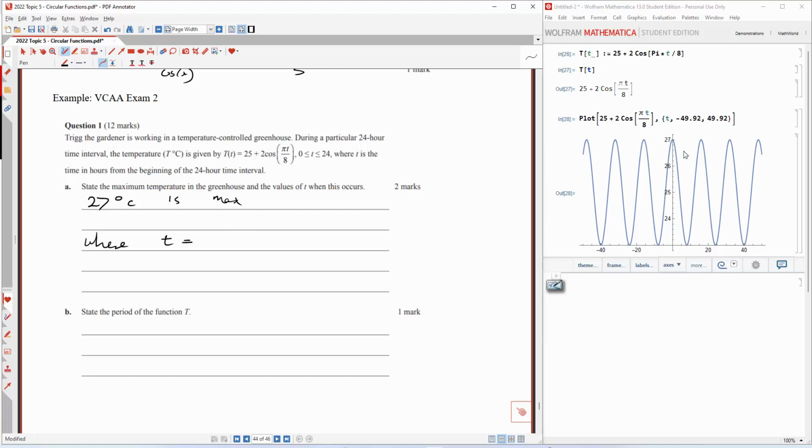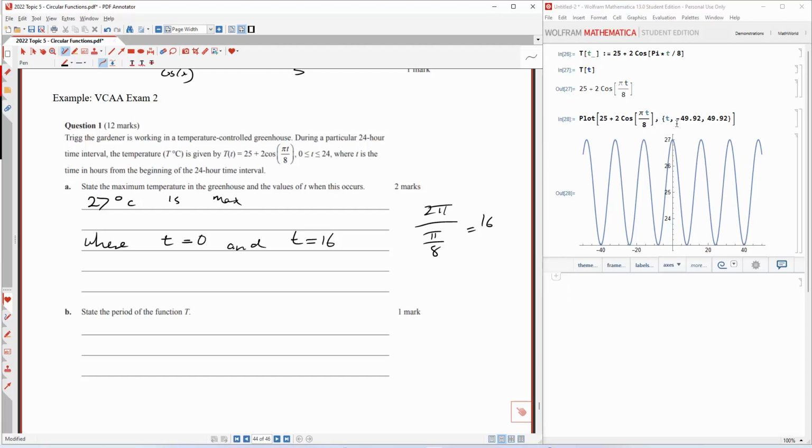Alright, so when's it going to be 27 initially, and then again at the period? Okay, so when t is equal to 0 and t is equal to, so what's the period? The period of a standard cosine function is 2 pi over pi on 8, which is 16. So t is equal to 16. So they're the two times that it maximizes between 0 and 24.